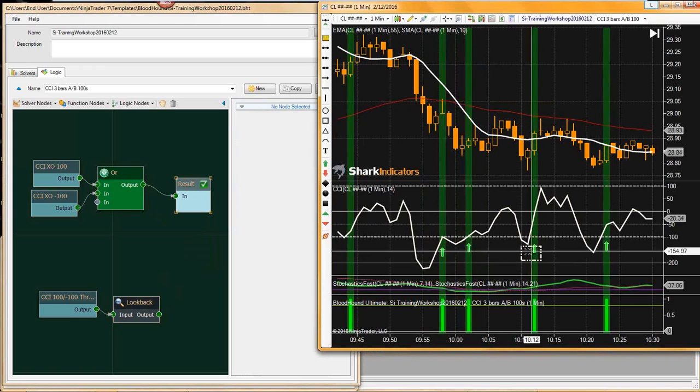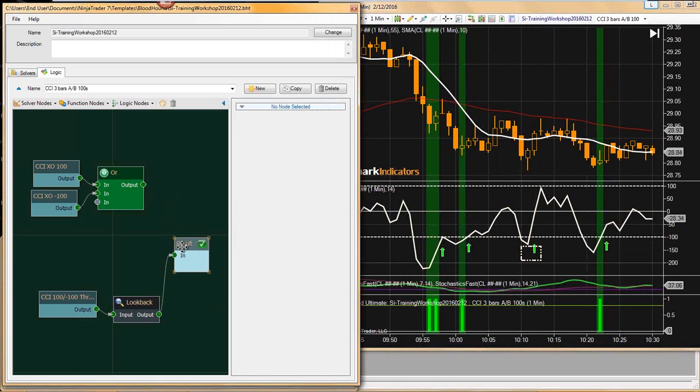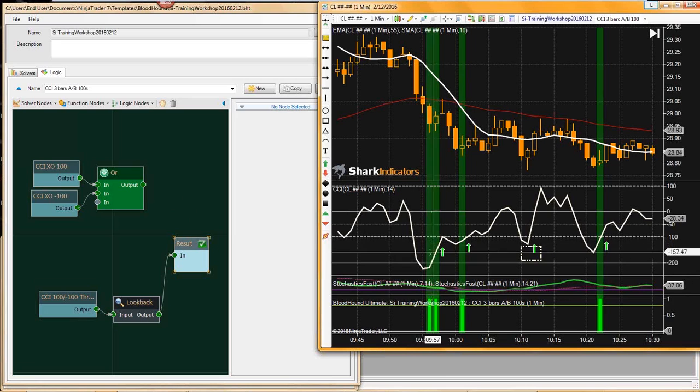The arrows are marking where the crossovers occur, but the long output we're seeing now tells us when the CCI is below negative 100. And when the CCI crosses above negative 100, it's no longer below it, so these long outputs stop.